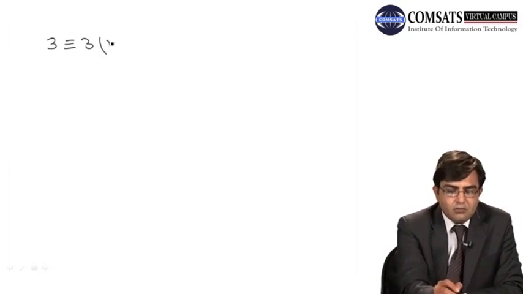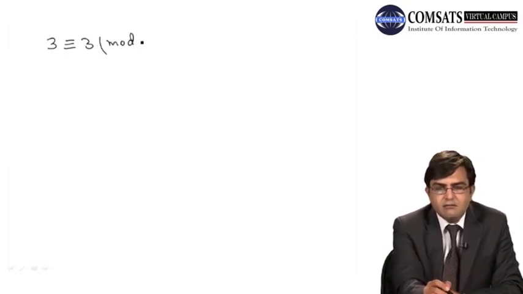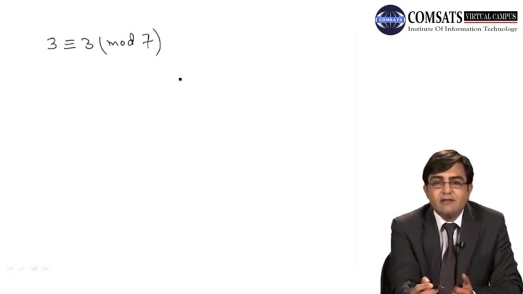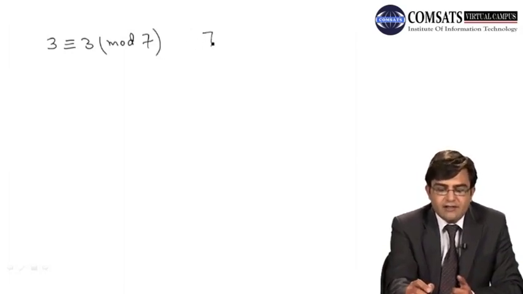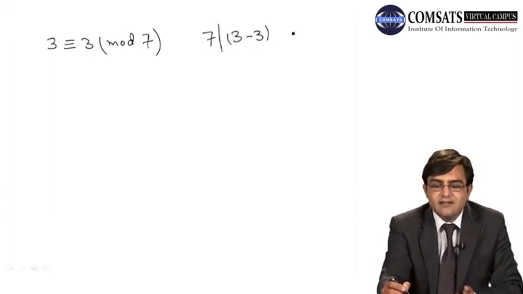For example, say 3 is congruent to 3 mod n, where n can be anything: 6, 8, 9, 10, 2, 3, anything. So for example 7, 7 always divides 3 minus 3, which is basically 0.